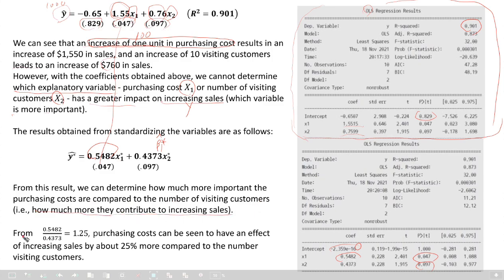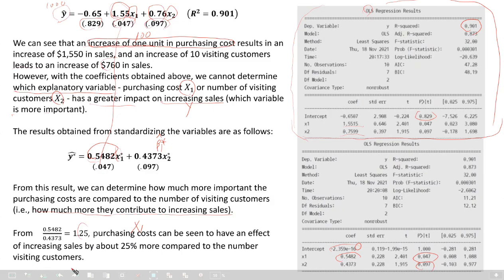From this ratio, 0.4982 divided by 0.4373 is 1.25. So this one is bigger, right? Purchasing cost x1 can be seen to have an effect of increasing sales by about 25% more compared to the number of visiting customers.